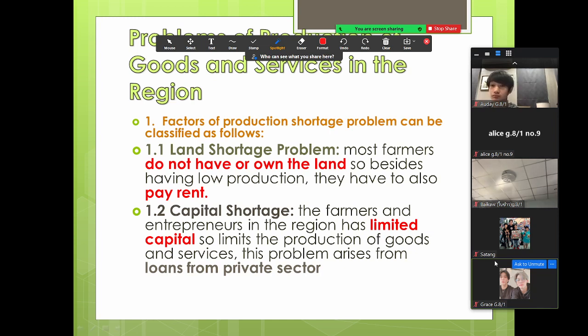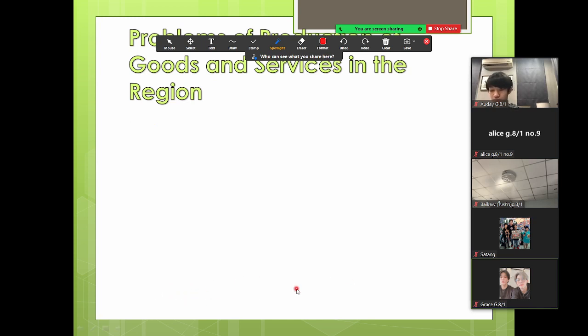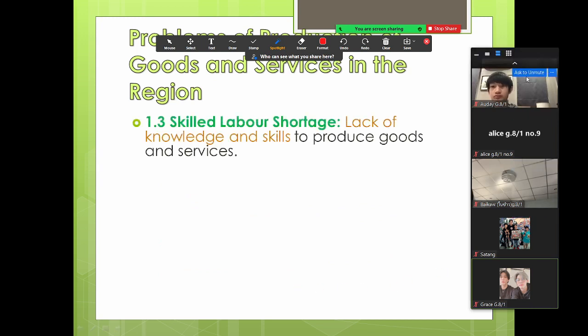Here it says the government has a policy to support and provide loan sources such as BAAC, or Bank of Agriculture and Agricultural Cooperatives, for village farmers and village funds. Again, this is a problem from the private sector. So that is capital shortage.